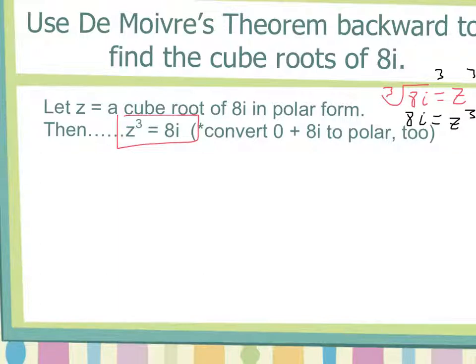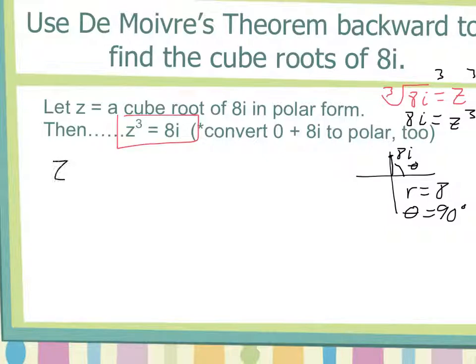Okay, well, the very first thing we need to do is, just like 11.3, we need 8i, which is right up here. We need 8i written in polar coordinates. Okay, now this one falls right on the boundary point, so it's not too tricky. I can just see that the distance from the origin is 8, and theta is 90 degrees.